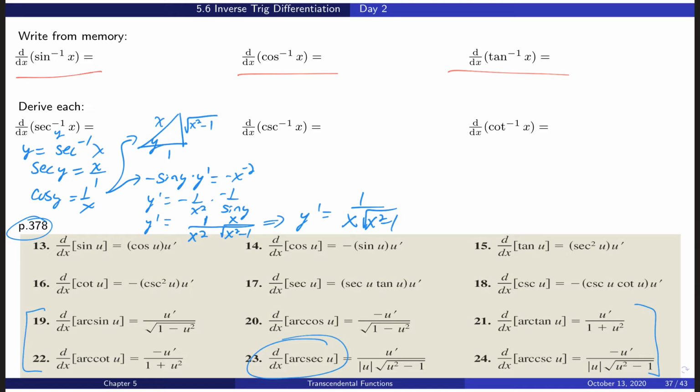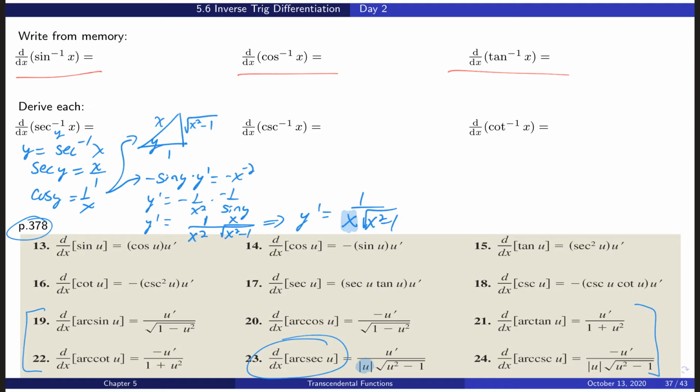There's a box at the top of page 376, a big red note that says there is no common agreement on the definition of arcsecant x for negative values of x. If you'd like to understand why this is an absolute value sign right here, you're more than welcome to read the box on page 376. But from this point on, I would say just memorize that when you take the derivative of arcsecant, there's going to be absolute value bars around that x quantity right there.